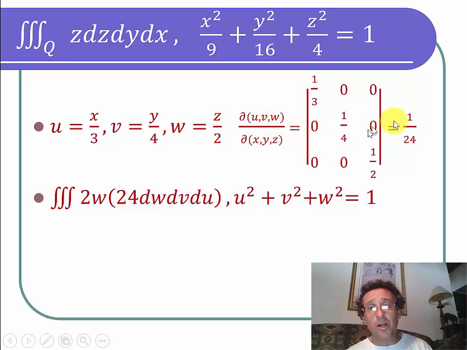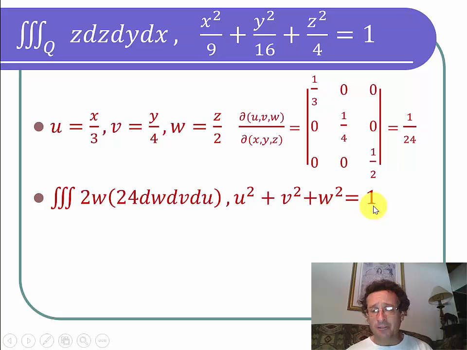The Jacobian was 1 over 24, but that was del uvw over del xyz. We had the theorem that said if you need to flip them, we also flip the fraction. And the reciprocal of 1 over 24 is 24. We get dw dv du over the solid u squared plus v squared plus w squared equals 1.